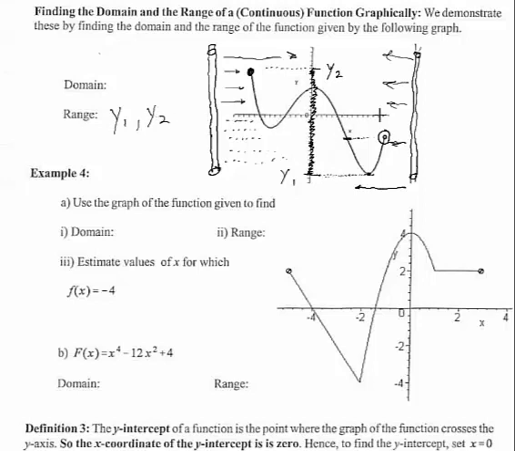Now, when we actually have a part of the curve create one of the limits of our range or domain, we are going to use a solid dot, or a bracket, in other words, to represent that coordinate. Brackets to represent parts of the curve.